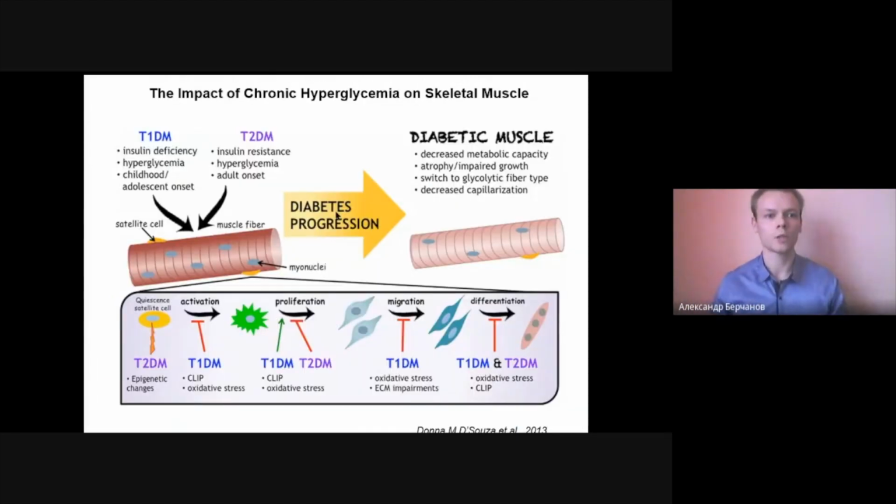Studies have shown that chronic hyperglycemia decreases the metabolic capacity of the muscles, decreases the capillary amount and induces atrophy. Also, chronic hyperglycemia impairs the functions of satellite cells.